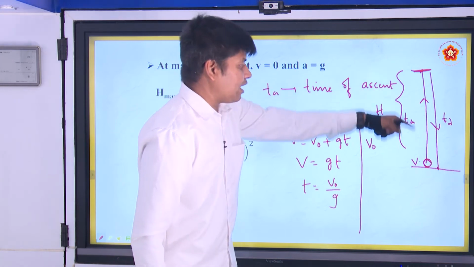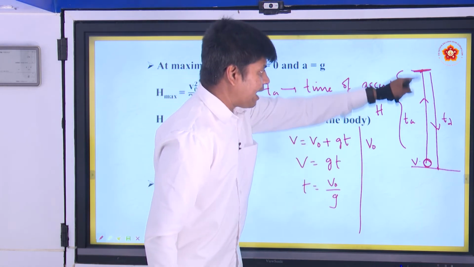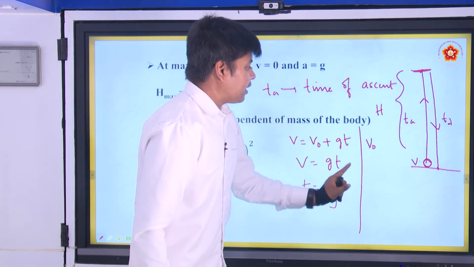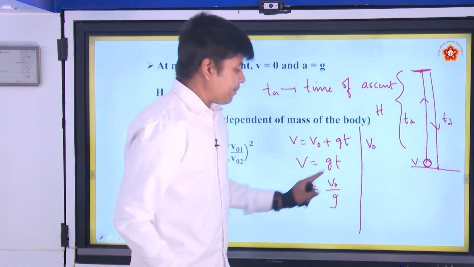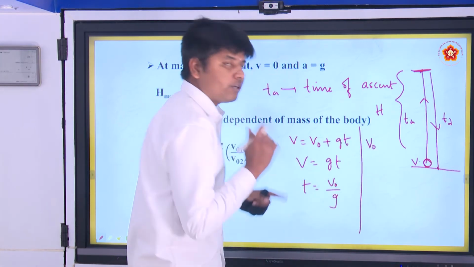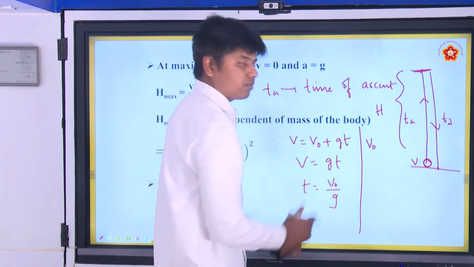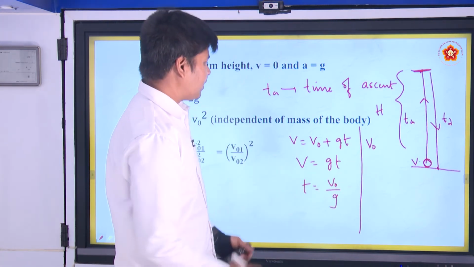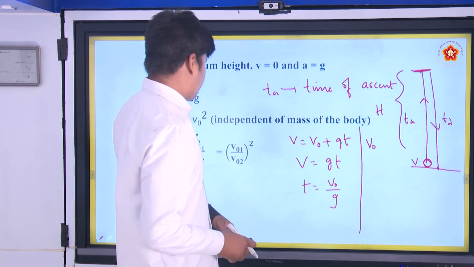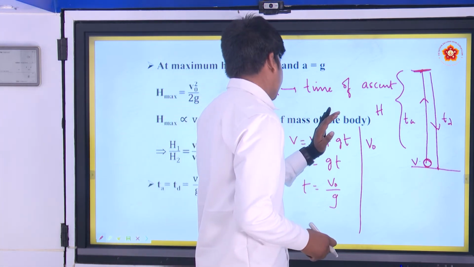It attains the value v0 here as it drops down. So as I throw with the same velocity, it can reach the same height. So I can compare these two cases. For that matter, what I need to do is change this.